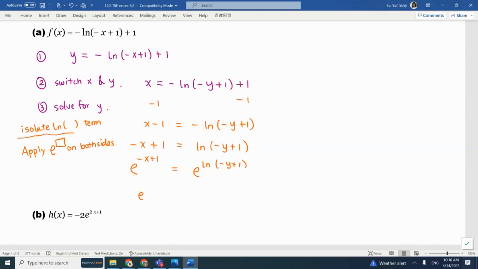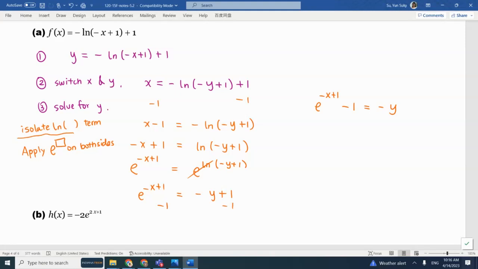All right. You see on the left, e to the minus x plus 1. On the right, do you see e and ln cancel? So we get negative y plus 1. How do we solve for y? Subtract 1. So e to the minus x plus 1 subtract 1 equals minus y.